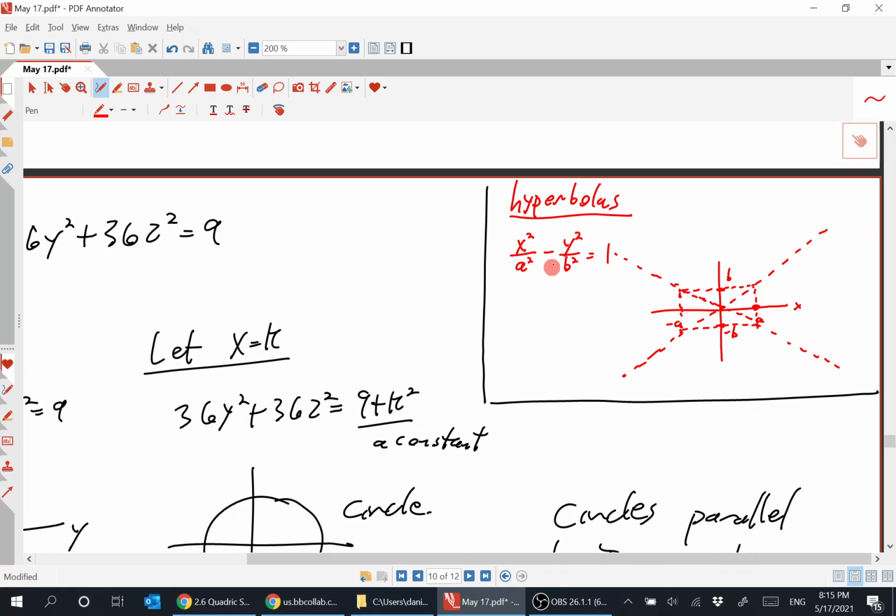So this is positive x squared over a squared minus y squared over b squared, so it opens up this way. It looks like that. That's the basic equation for the hyperbola.